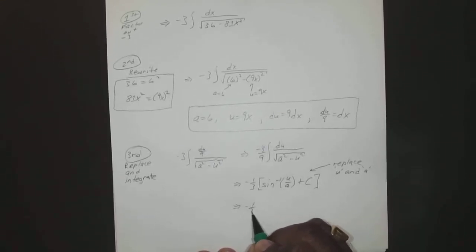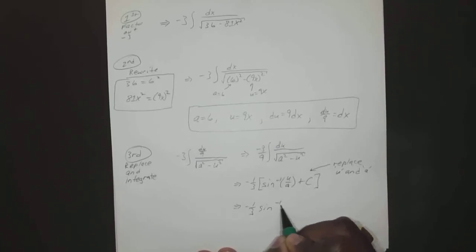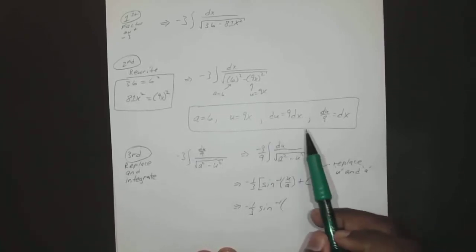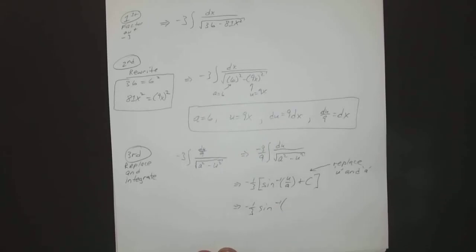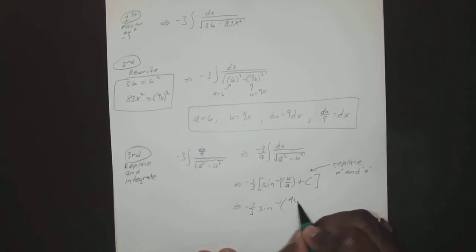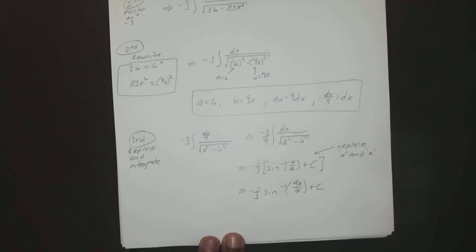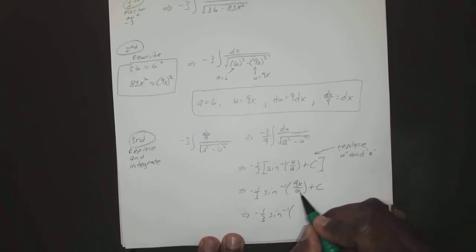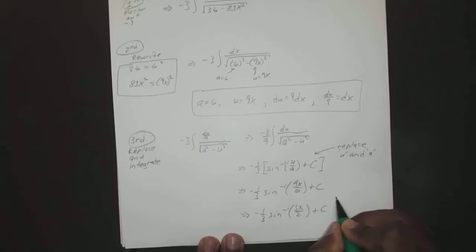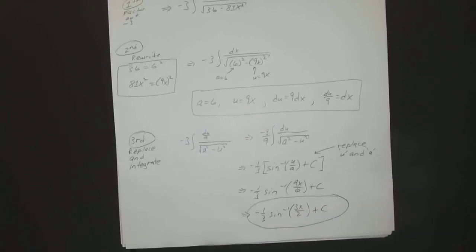So that's negative 1/3 times sine inverse of u over a, so that's 9x over 6, plus c, which just simplifies to negative 1/3 sine inverse of 3x over 2 plus c. Like I said, for the most part, steps 1 and 2 can be done at the same time.